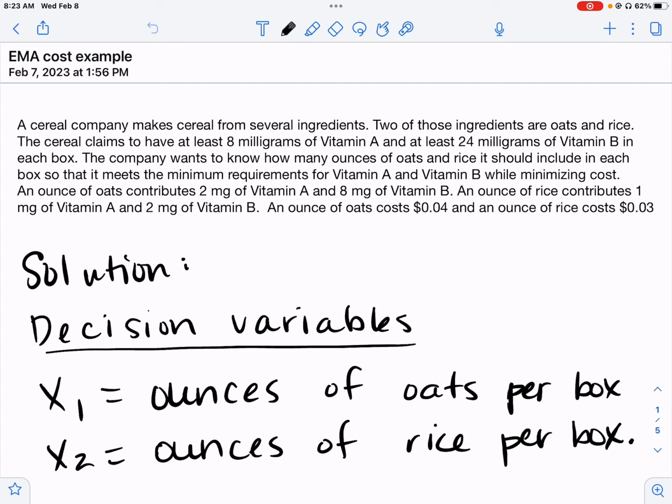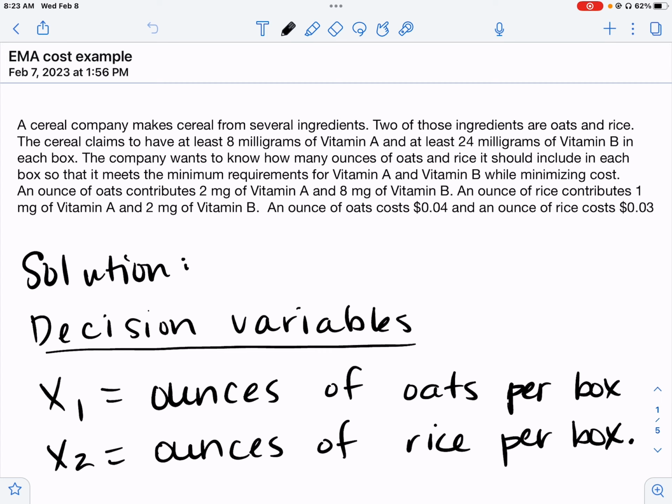It says an ounce of oats contributes 2 milligrams of vitamin A, and an ounce of rice contributes 1 milligram of vitamin A. So that's why our vitamin A is 2x1 plus 1x2. And it said it had to be at least 8. It claims to have at least 8 of vitamin A, so that's why we have greater than or equal to.